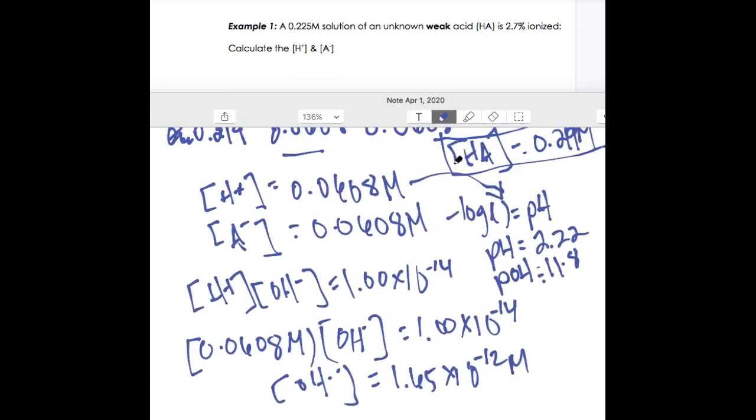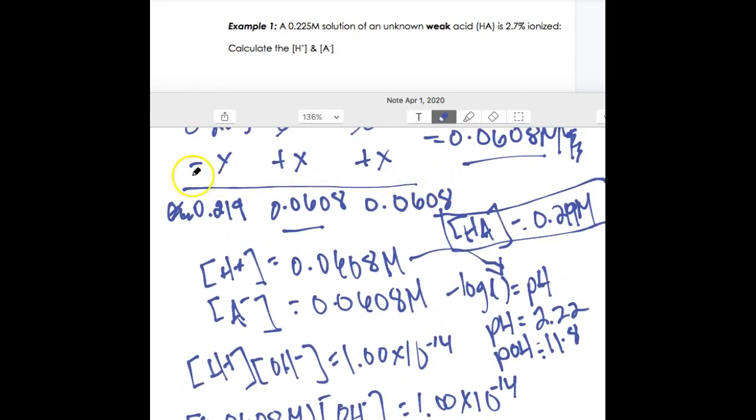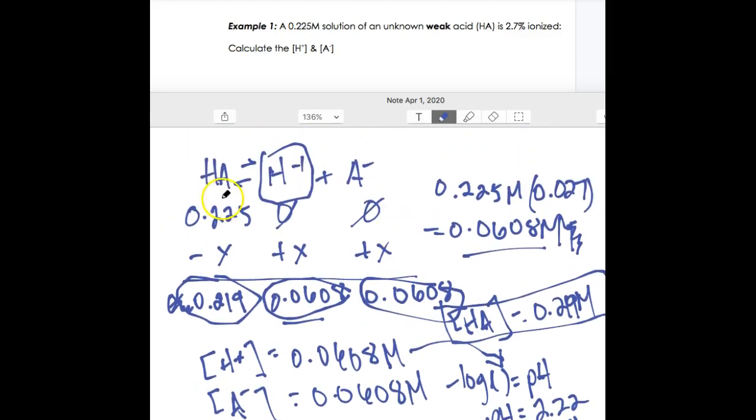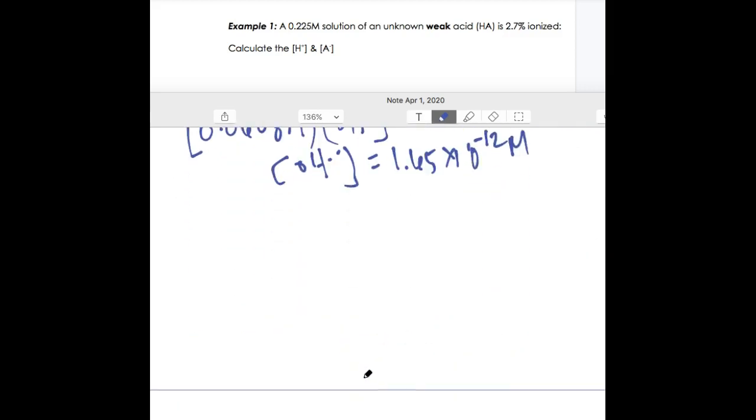And then the last question, I believe, is just asking for Ka, which is pretty easy. You literally just use these answers right here at equilibrium. So Ka is equal to the concentration of this times the concentration of that, or you could just square it, divided by 0.219, and that'll give you your Ka value.